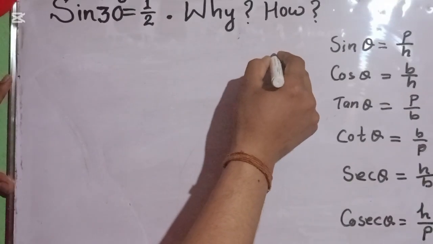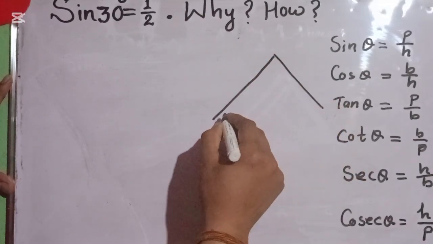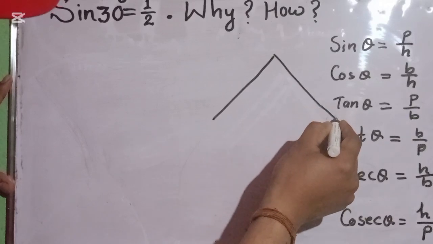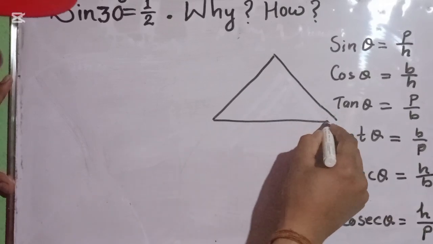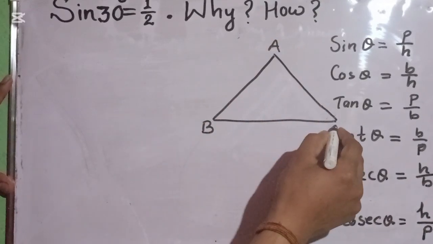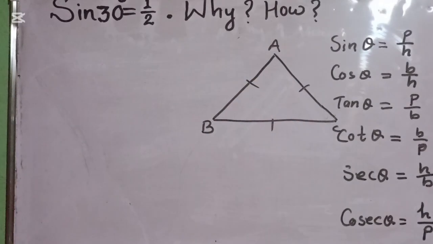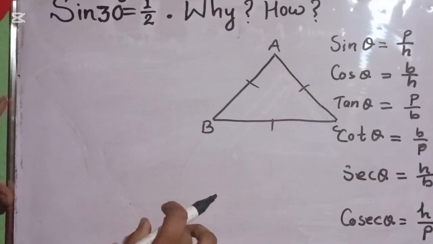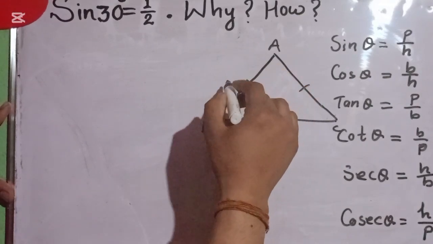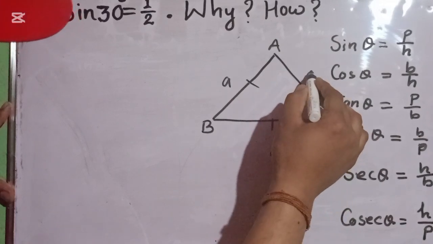And look here, for sine 30 degree equals 1 by 2, we need to construct one equilateral triangle. This is A, B, C. All 3 sides are equal, that means we can suppose AB equals A, and this also A, and this also A units.